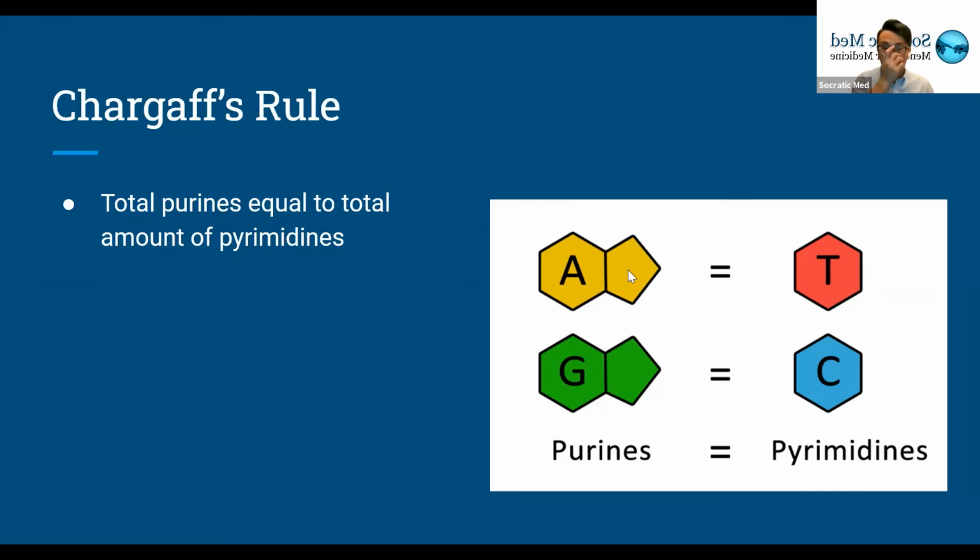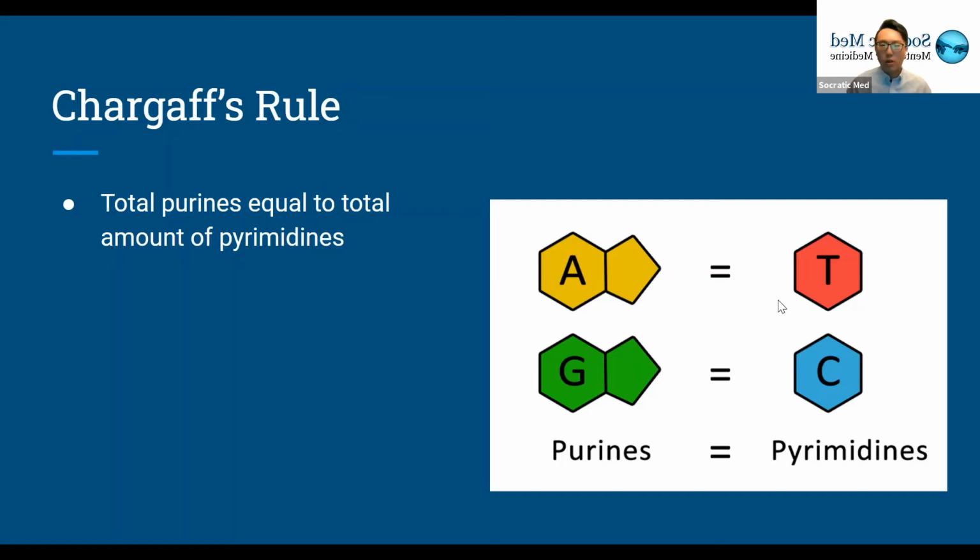So adenine, which is a purine, binds with thymine, which is a pyrimidine, and then guanine, which is also a purine, binds with cytosine, which is a pyrimidine. So since each base pair has one purine and one pyrimidine, the total amount of pyrimidines equals the amount of purines. So if you know the amount of purines or the amount of pyrimidines, you'll know the amount of the other.